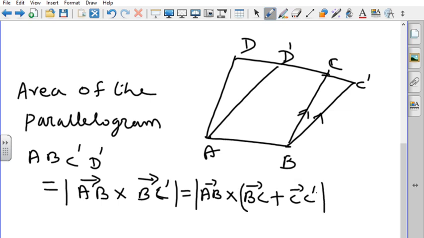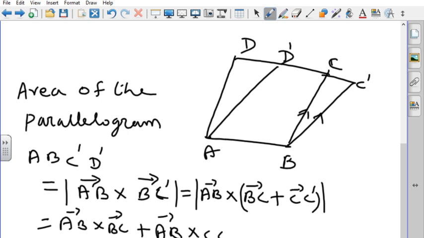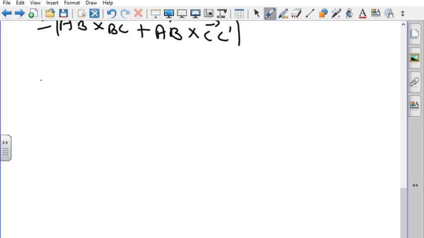So now this is equal to modulus of AB vector cross BC vector plus AB vector cross CC dash vector.